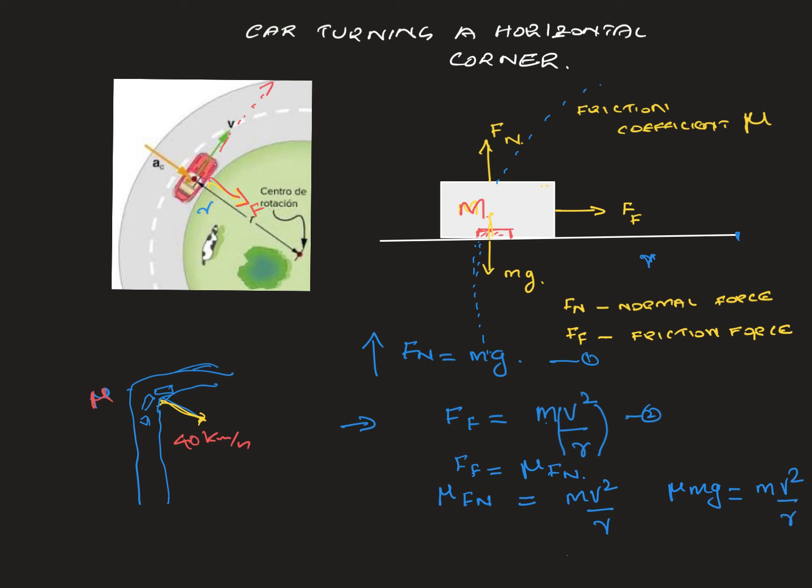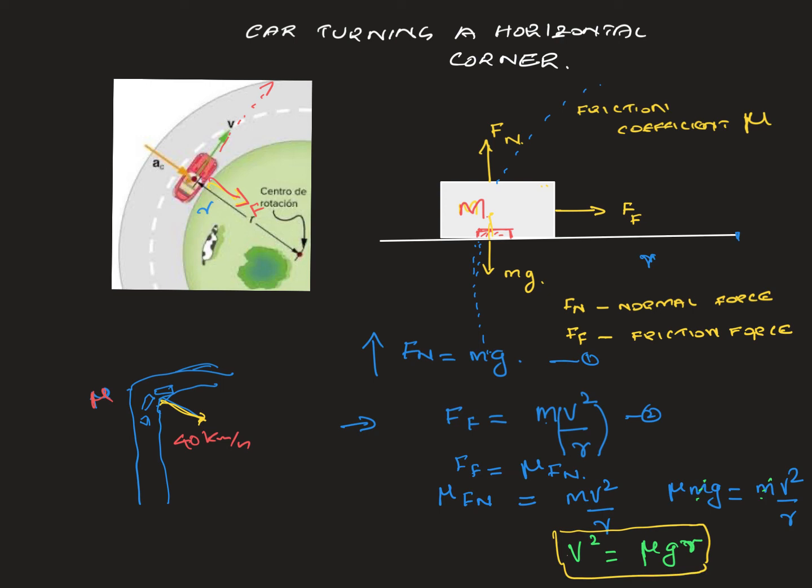What will happen is that m and m will cancel out. So we get an equation of v squared is equal to mu gr. That means our speed depends on the friction coefficient, the gravitational acceleration and the radius of the circle. So this is the important equation that we got from this.